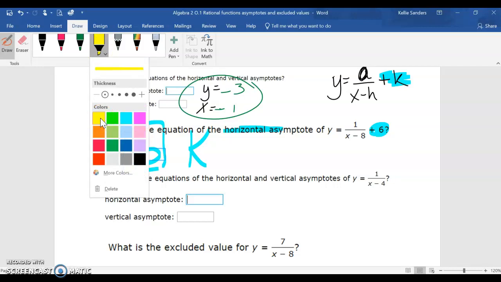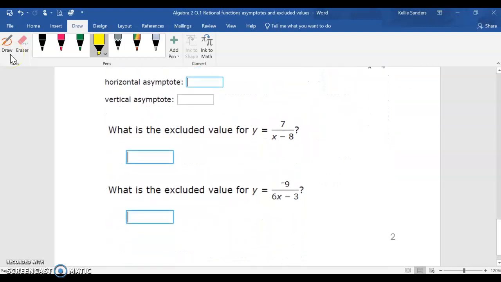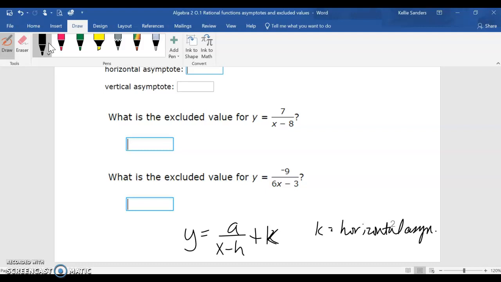Now, I'm going to skip the next one for just a second and go down to here, and then I'm going to go back up there. Let's write that again. y equals a over x minus h, plus k. Your k is your horizontal asymptote. Your h is your vertical asymptote. And we're not even going to talk about a.